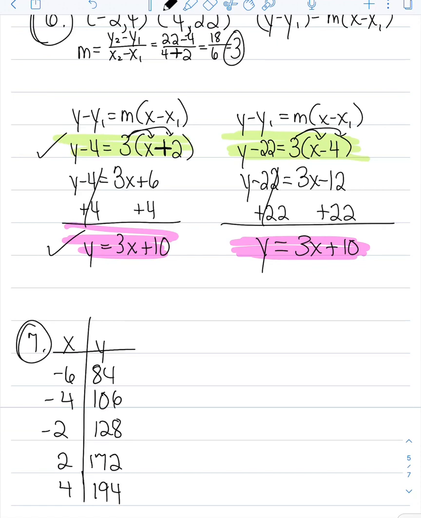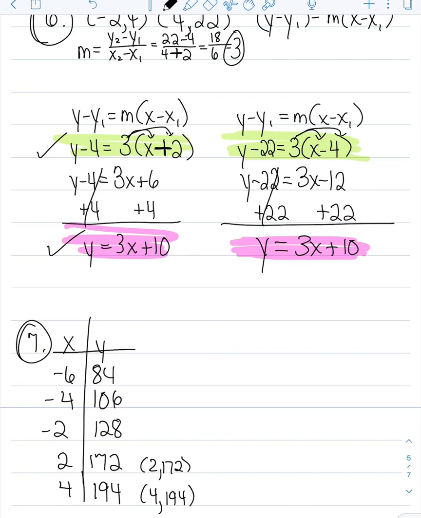What did I say back when we talked about using the slope formula of a line? Now this only works for linear functions. Pick any 2 points. It doesn't matter which 2, you'll get the same answer. So I am going to use the bottom 2. I'm going to use (2, 172) and (4, 194).